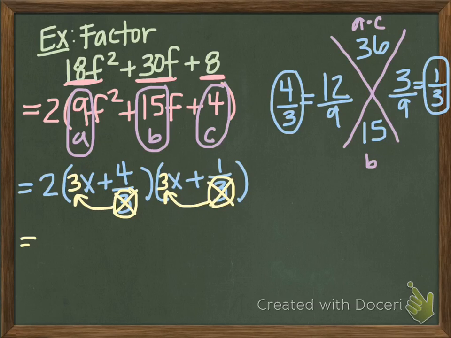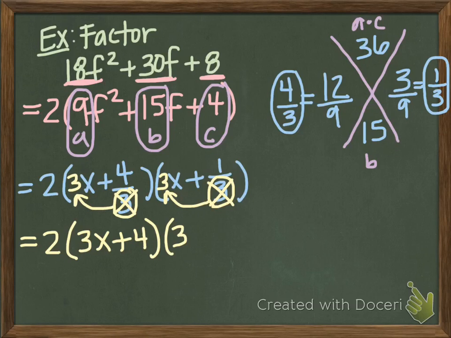So what we have now is 2 times 3x plus 4 times 3x plus 1. So this is what I think my answer is. Of course, next step, step 8, we need to go ahead and check this.